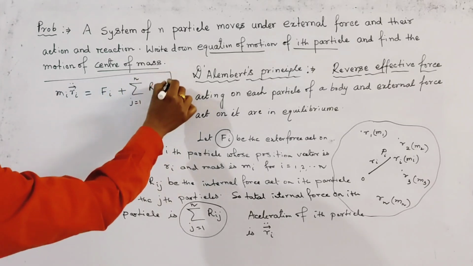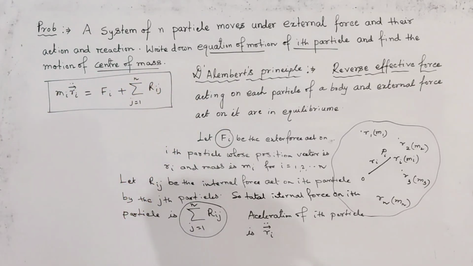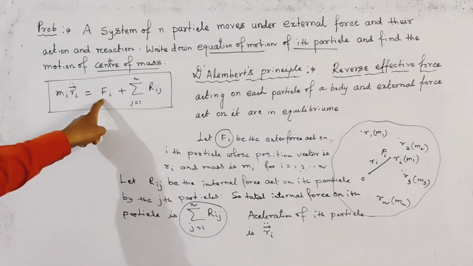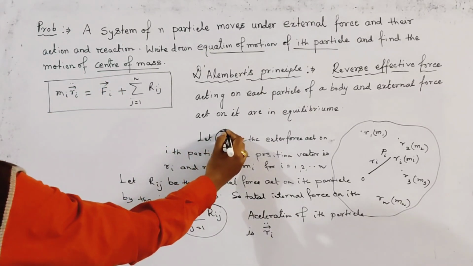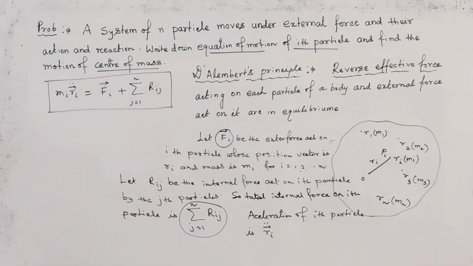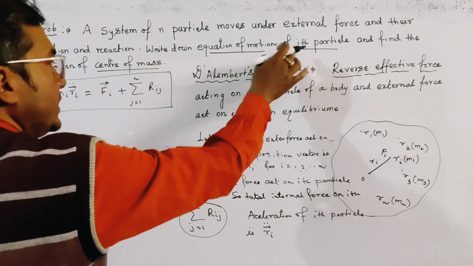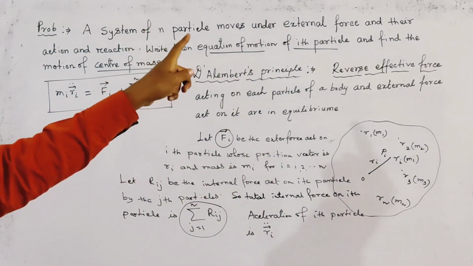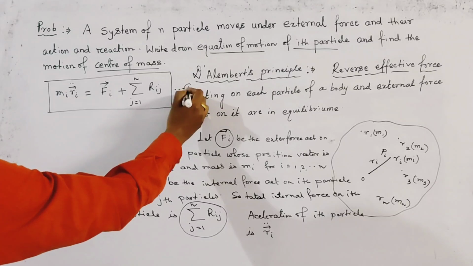This equation is the equation of motion of the ith particle. Here the external force may also carry a vector sign because it is also a force. That is the answer to the first part of our problem. We name this relation number 1.